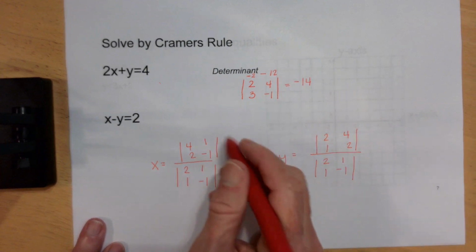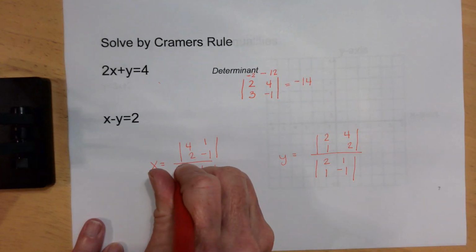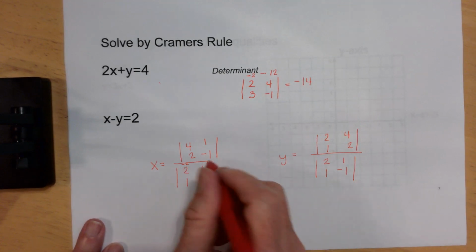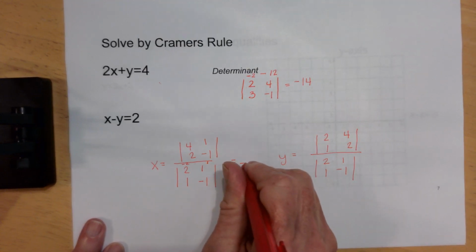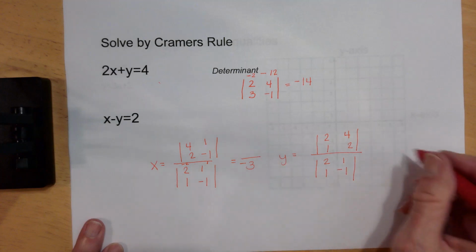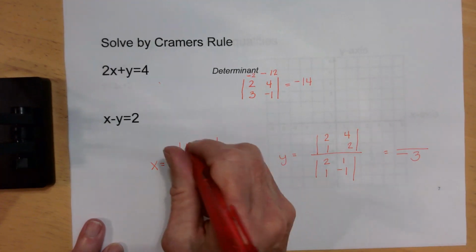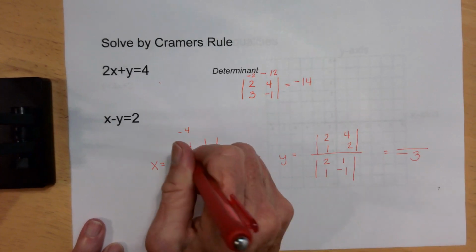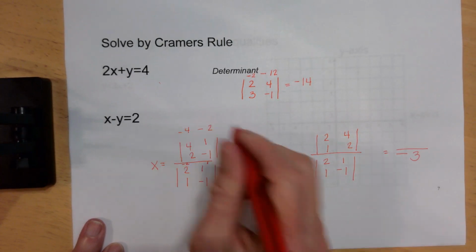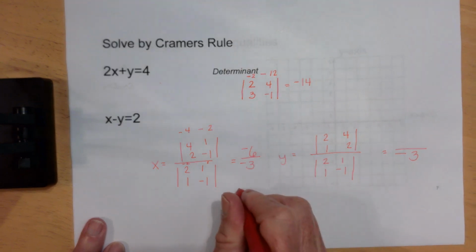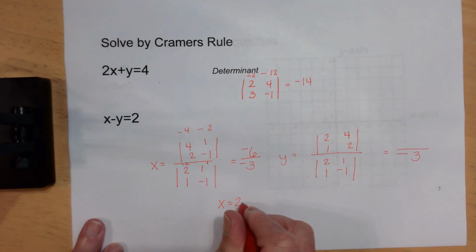Okay, so I find the determinant, I multiply up, that's going to give me a negative 2. Multiply up, that's going to give me a 1. When I subtract, I'm going to get a negative 3 on the bottom. So that's what I'm going to put on both sides. Multiply up, negative 4. Multiply up 2, so that's going to give me a negative 6. So when I solve that, I find that x is equal to 2.